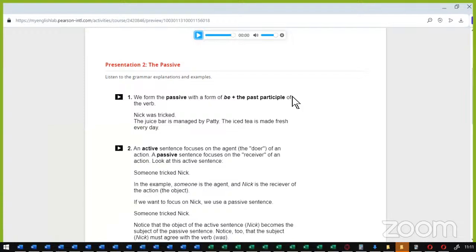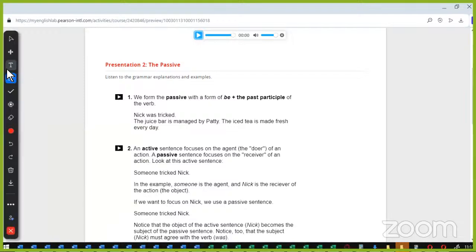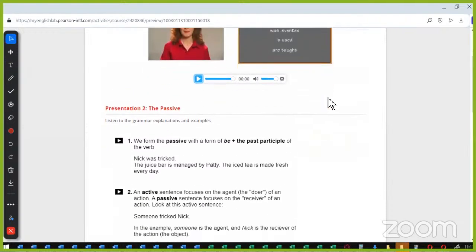In this case, Nick was tricked. The juice bar is managed by Patty. The iced tea is made fresh every day. Okay, so here, can you please give me 2 examples of using the passive voice?